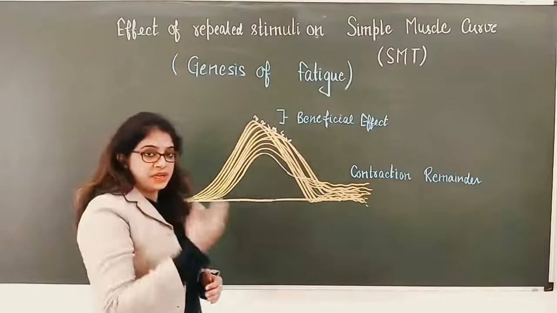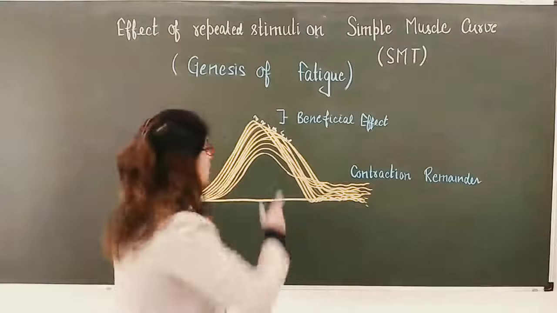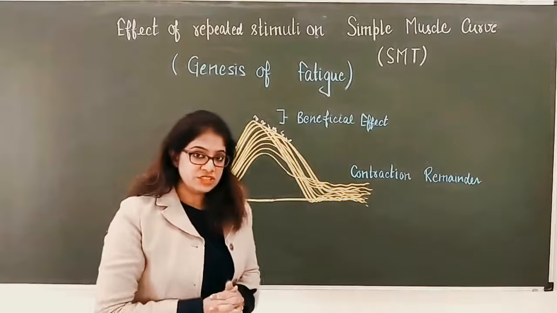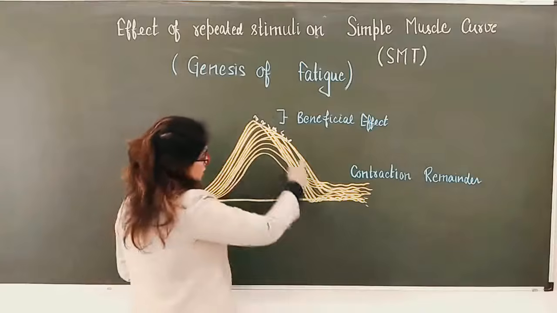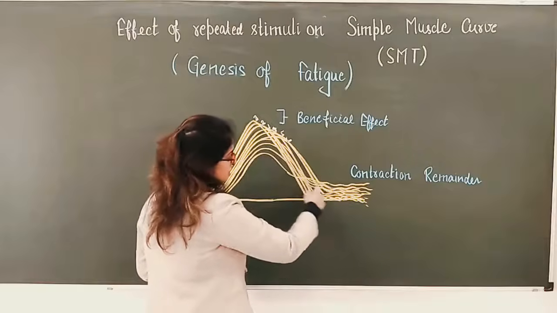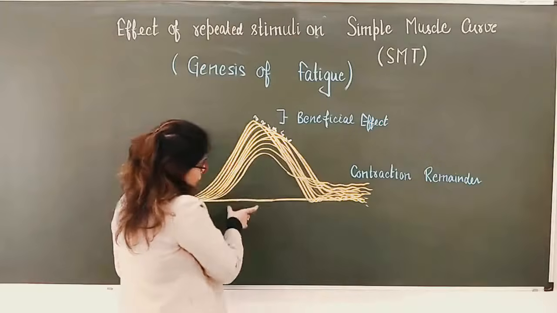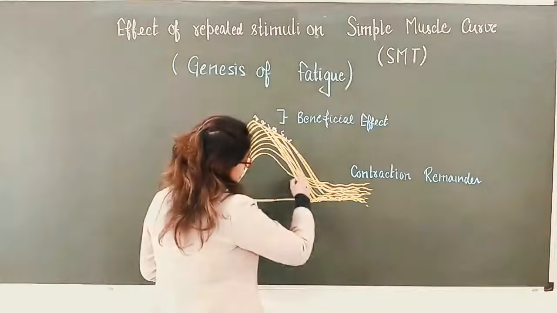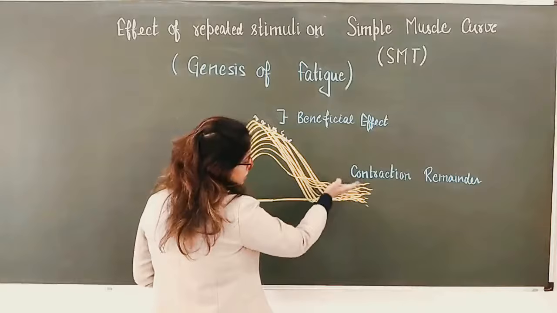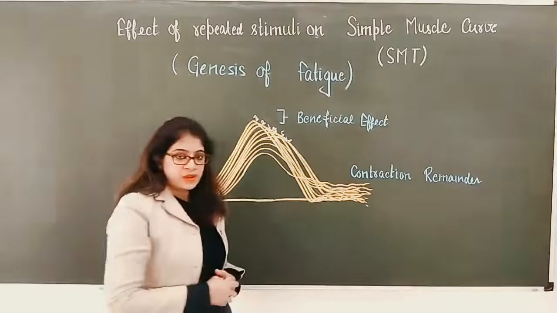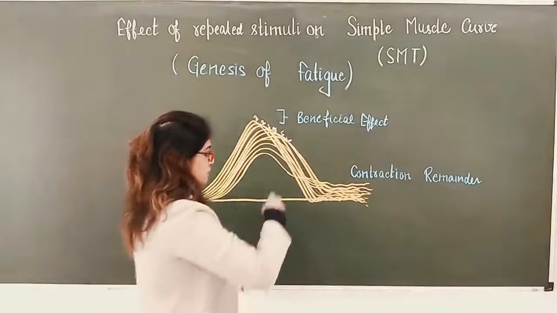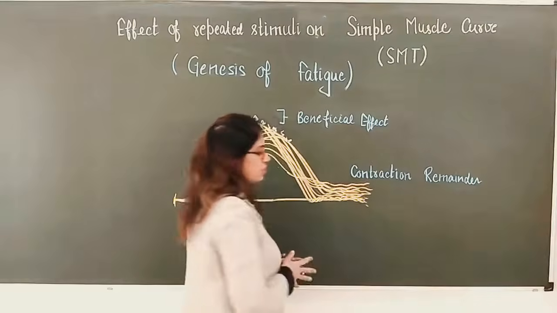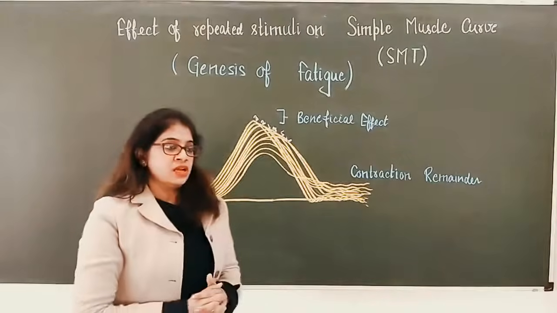On giving repeated stimuli of the same strength, the height of the curves increases. That is because of the beneficial effect. But then the height is gradually decreasing, and also the duration of all the phases is increasing gradually, and later on the baseline is also coming a little upwards. Now this phenomenon of the baseline coming upwards is called contraction remainder.